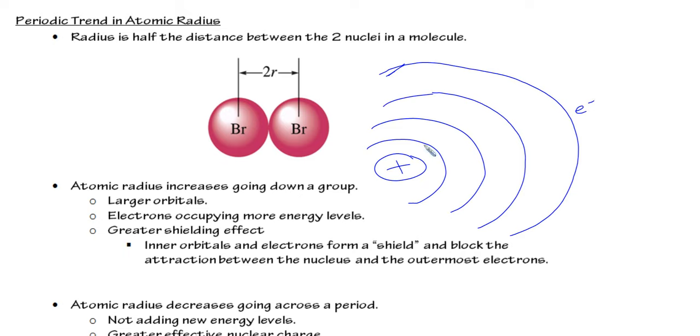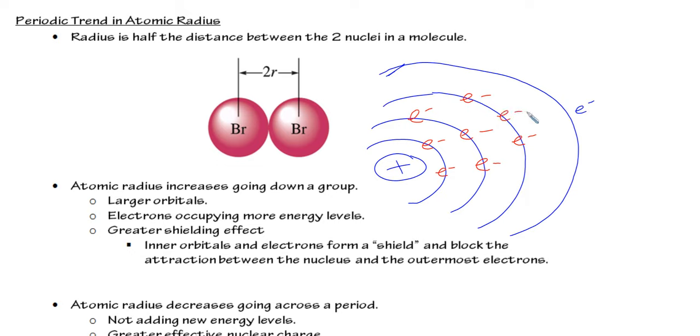Core electrons are all the inner electrons. So for example, the 1st energy level has 2, and then I'm just going to randomly scatter some electrons in the 2nd and the 3rd energy level.